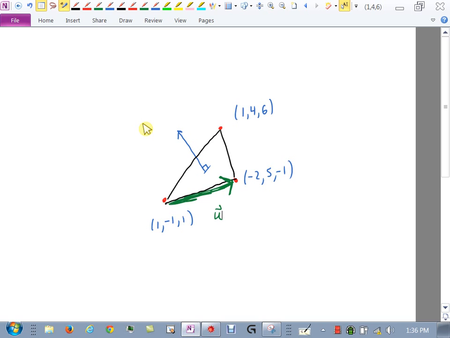Y'all agree? Given any plane, there is a vector that is perpendicular to the plane, right? Now that vector can be moved around. You can change its length, can't you? In fact, you could also even pop it out the other side.